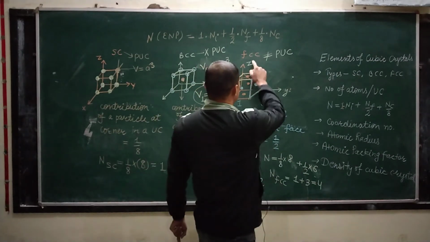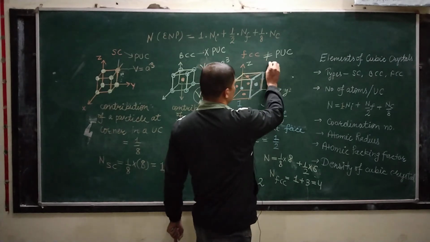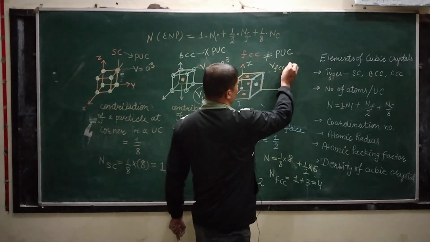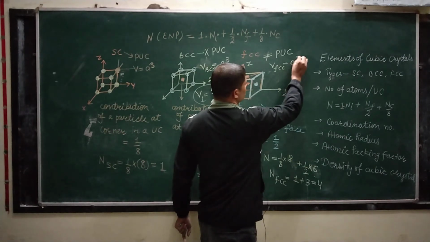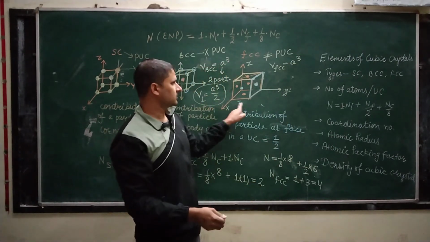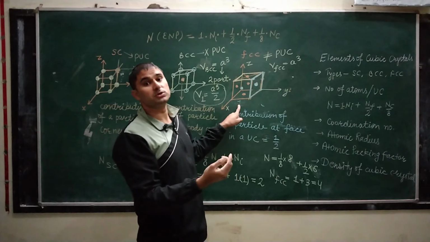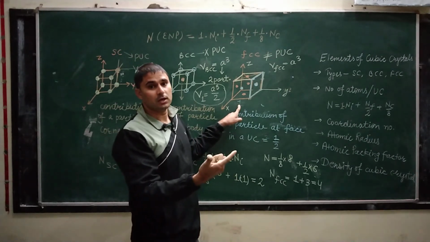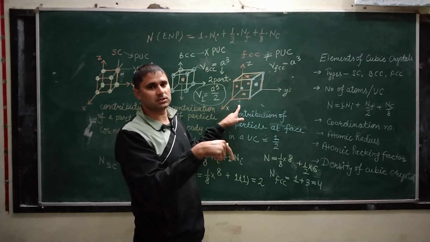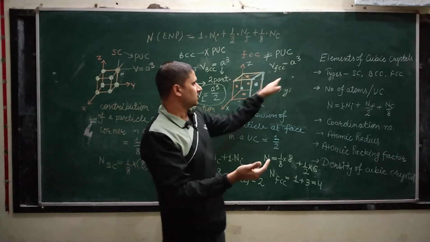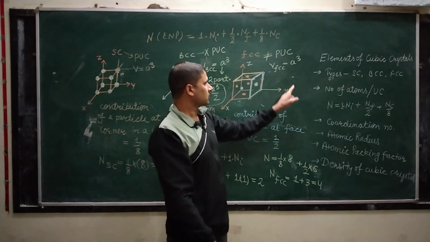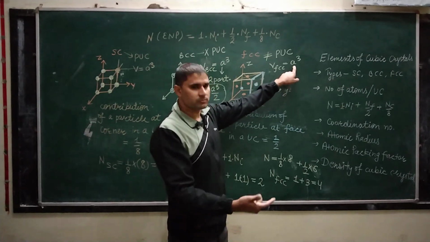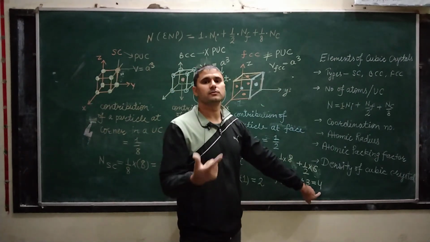Now see, the volume of FCC is equal to a cube, because the size is a. This is a cube, all sides are equal and mutually perpendicular to each other, so the triple product of the vectors will be a cube. Now this a cube volume is shared by how many particles? 4.